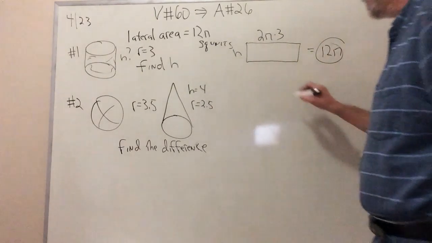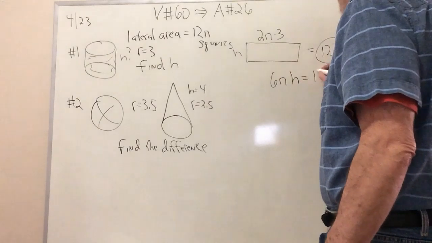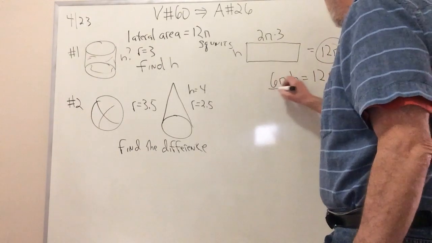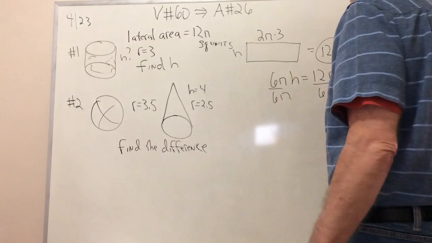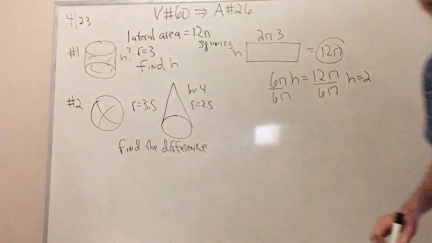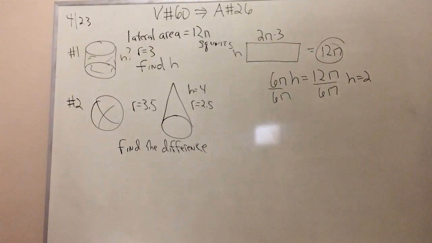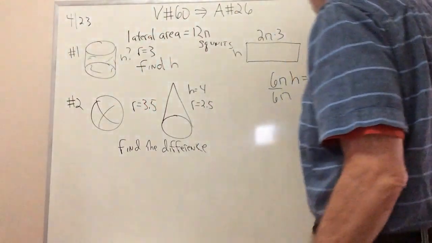So now we just put everything together. 6 pi times h equals 12 pi. And we just divide both sides by 6 pi. And h turns out to equal 2 units. Linear, of course, because it's just the height of the soup can. So just an easy word problem, reword it.